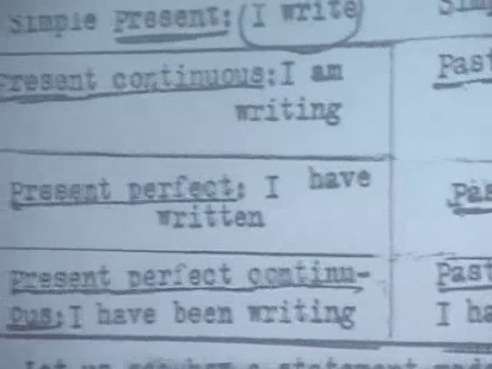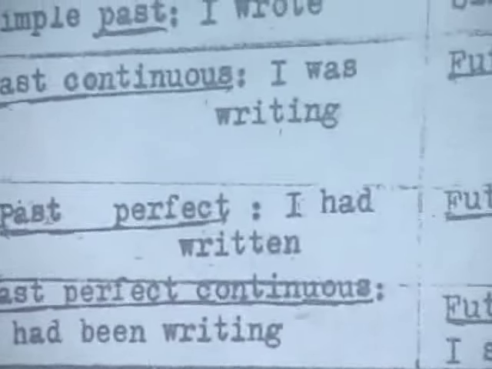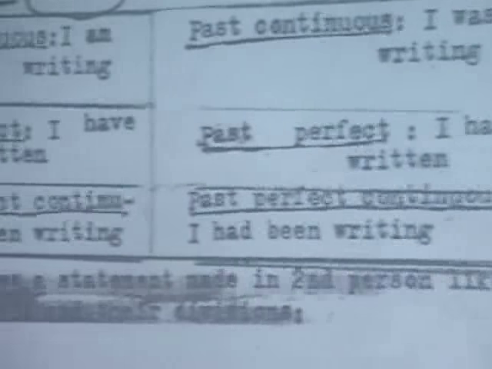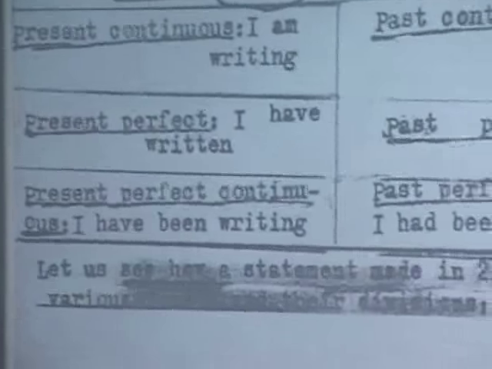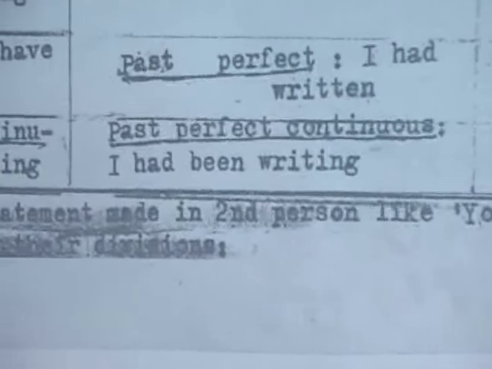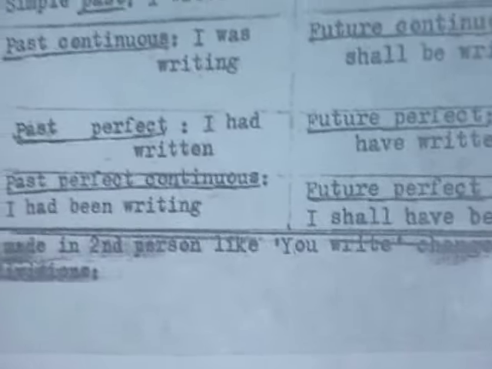Present perfect: I have written. Past perfect: I had written. Future perfect: I shall have written. Present perfect continuous: I have been writing. Past perfect continuous: I had been writing. Future perfect continuous: I shall have been writing.